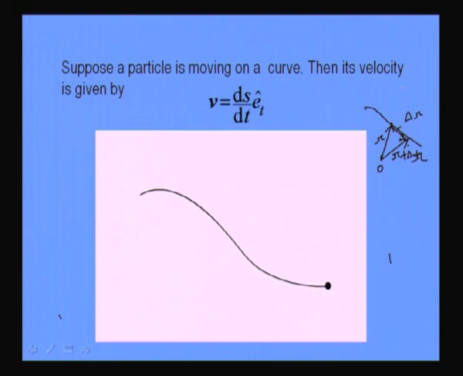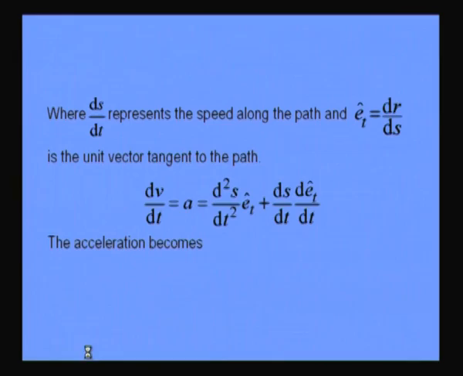So, the velocity of the particle is given by v is equal to ds by dt et, where et is the unit tangent vector. Now, ds by dt basically represents the speed along the path.